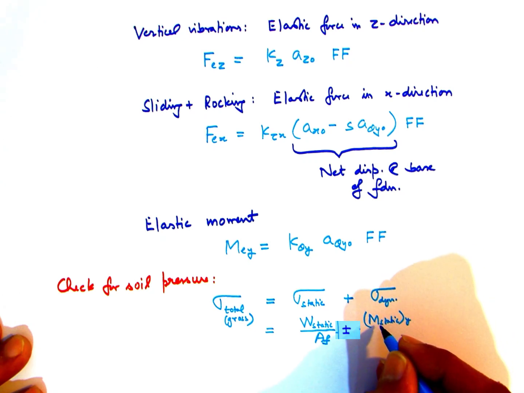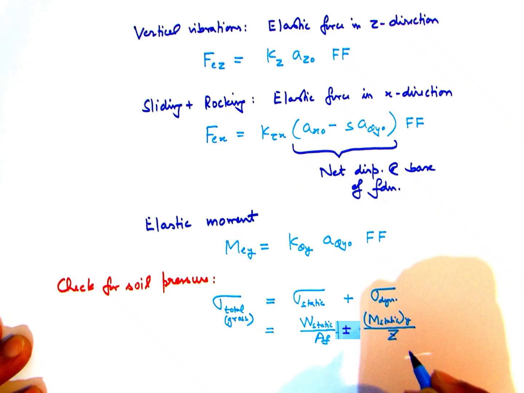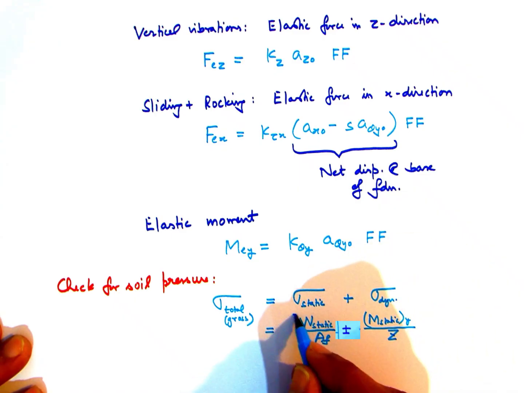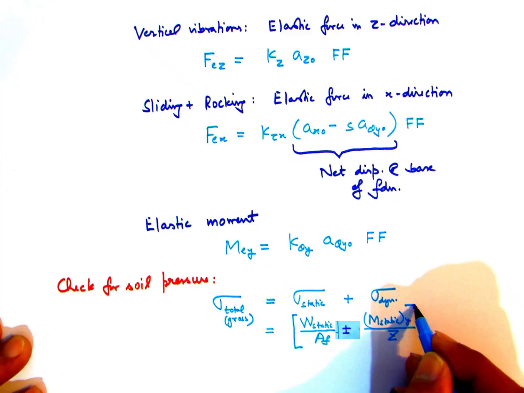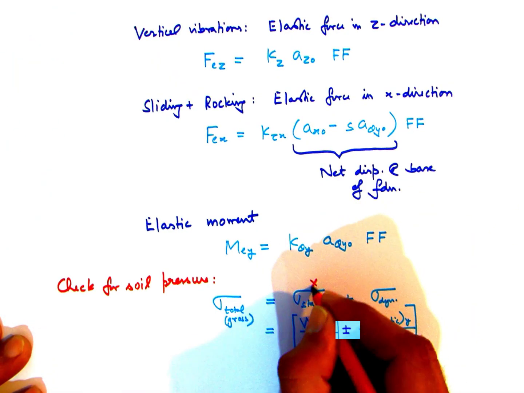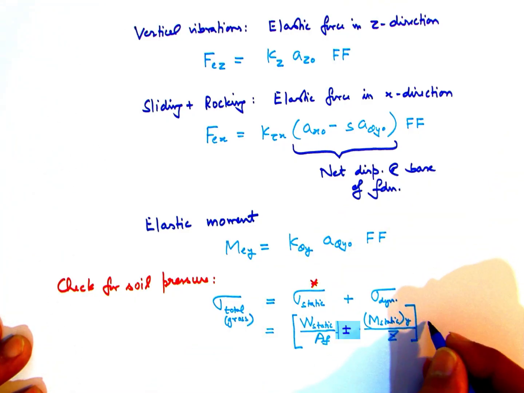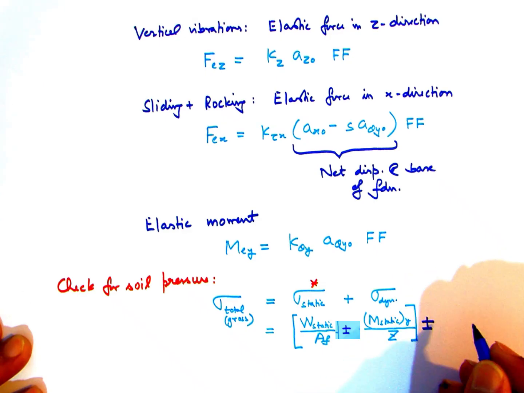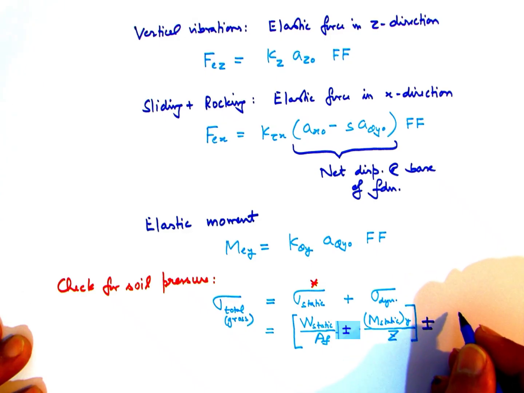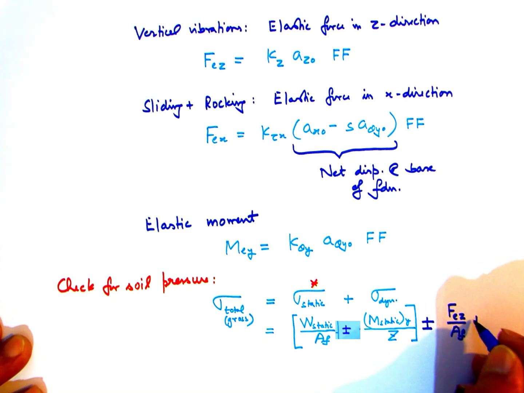So static moment should be divided by the section modulus about the y-axis, and sometimes the symbol for section modulus is Z, or it may be ZF. So this is the expression for the first component, the static component, and then we need to find the expression for the dynamic component. For dynamic component we use plus minus sign, so we have to check for both the vertical force as well as the moment.